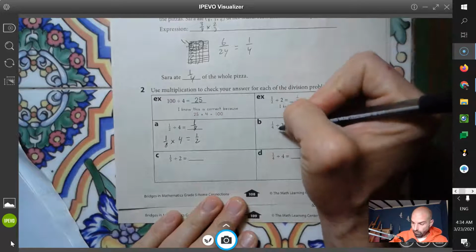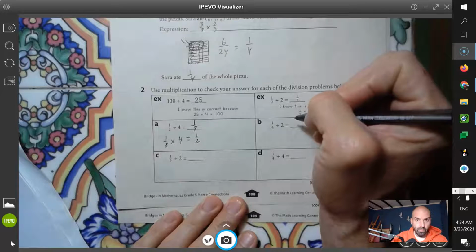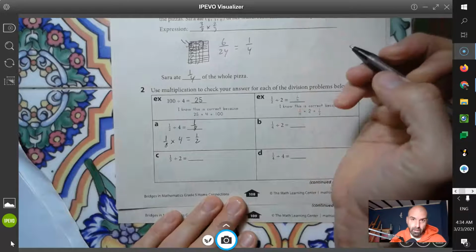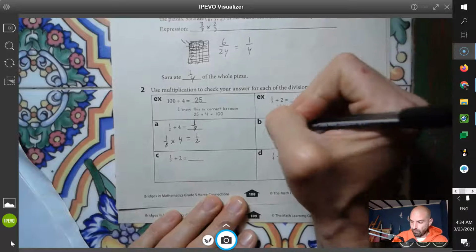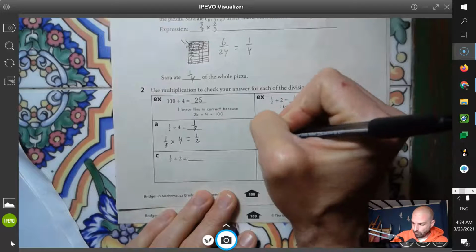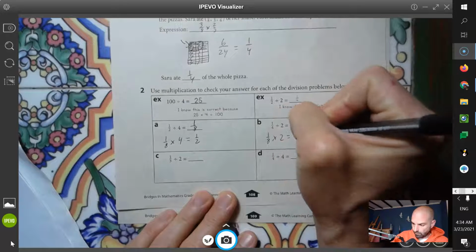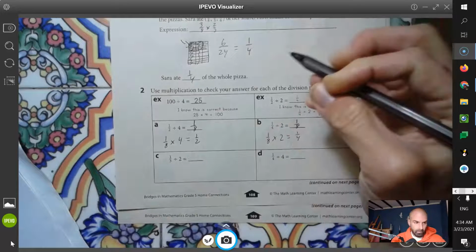So we have 1/4 divided by 2. Well, that would be 1/8 as well, wouldn't it? I mean, 1/8 plus 1/8 is 2/8, which is 1/4. So this would be 1/8. And I know that because 1/8 times 2 equals 1/4, because again, that would be 2/8.